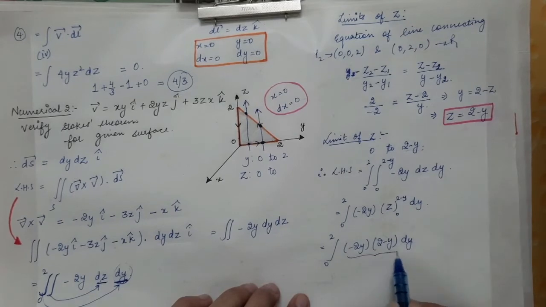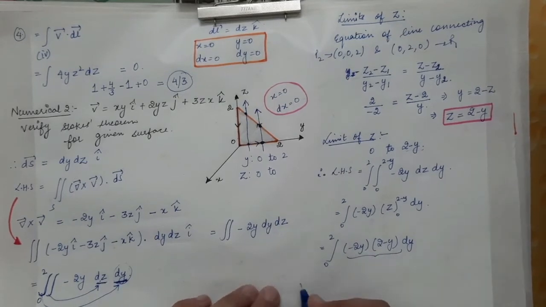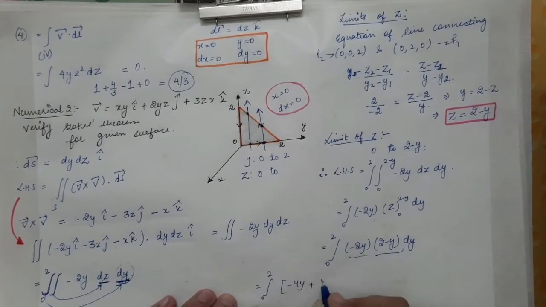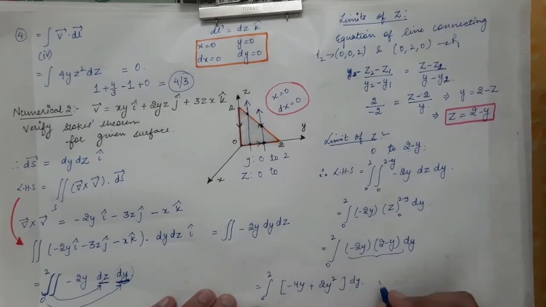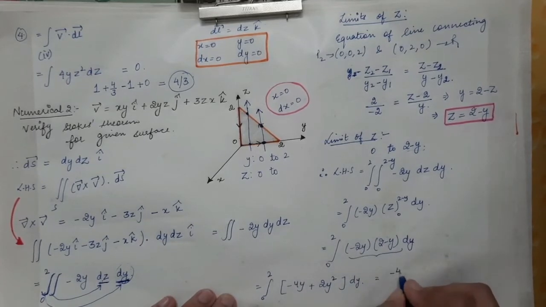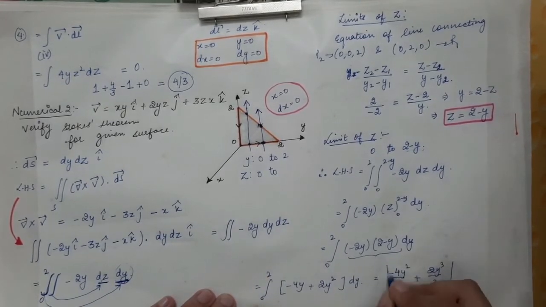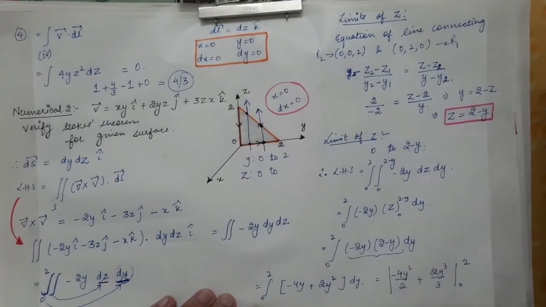Now you will evaluate this term, which will be the integral from 0 to 2 of minus 4y plus 2y square dy. Evaluating this integral, you will get minus 4y square by 2 plus 2y cube divided by 3, with the limits of y from 0 to 2.